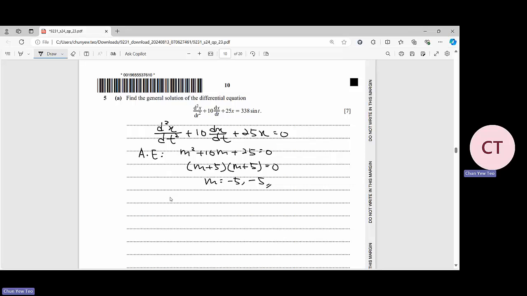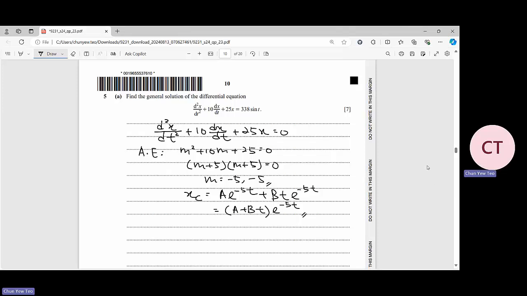So from here, your complementary solution is x equal to Ae^(-5t) plus Bte^(-5t). You can also factorize it out, leaving it in this form. So this will be your complementary solution.